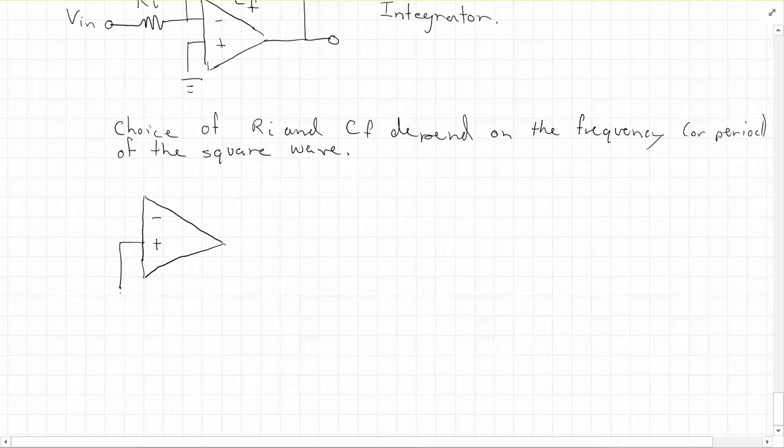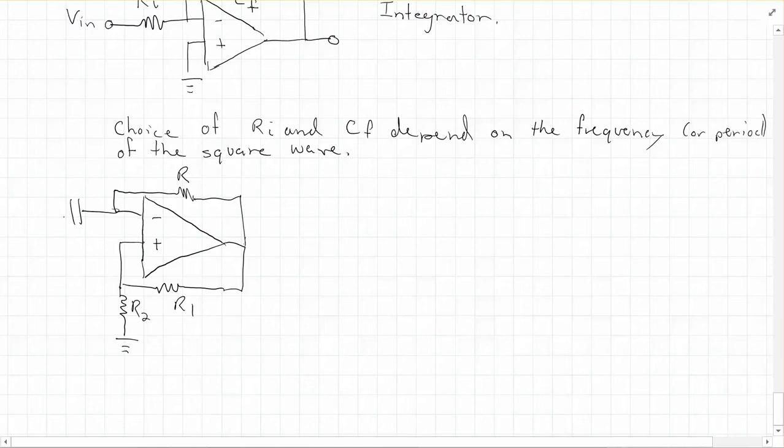So I've got a resistor here, R2, R1, R, and then C. So this generates my square wave, and yes, I know I have power on this, I'm just ignoring writing the power down for now.